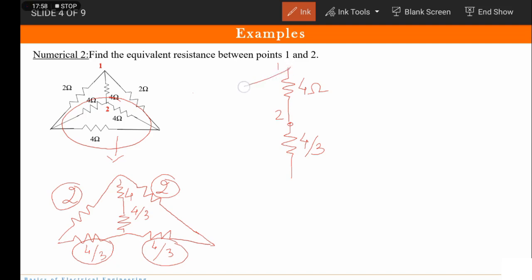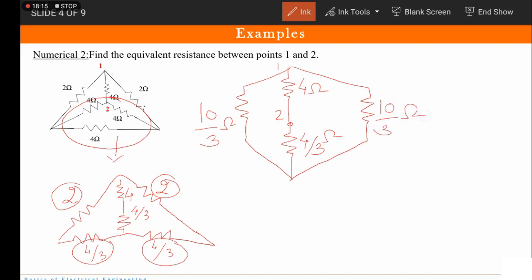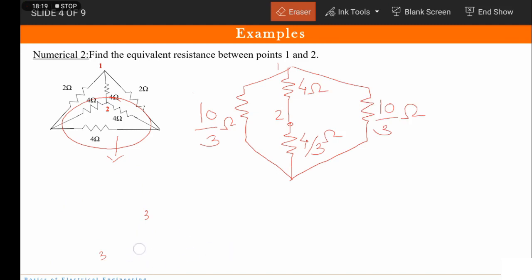And then you have a resistor of value 10 by 3 ohms here. And here one more resistor of value 10 by 3 ohms. Fine. So this is how we simplified it.